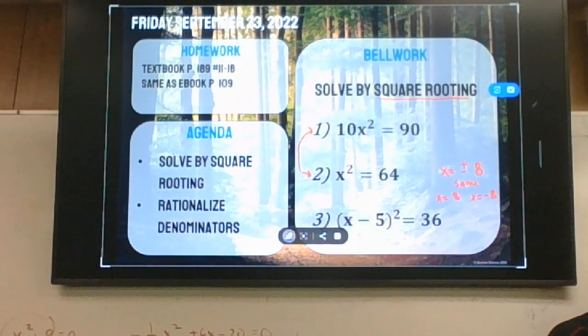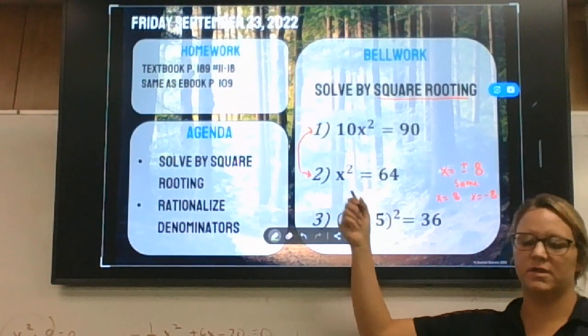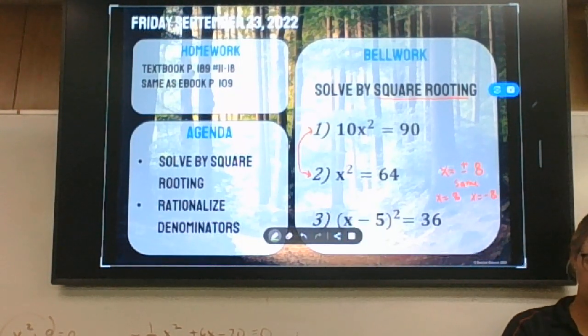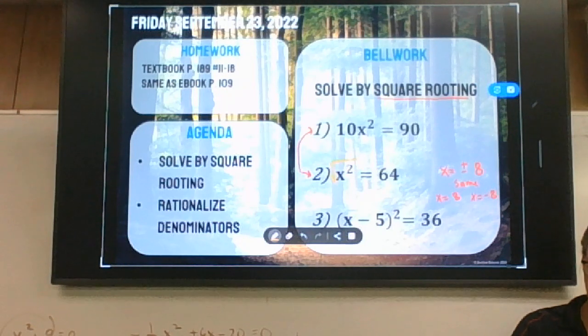like Calvin just figured that out because he knows x squared. Yeah, well, there's 2 answers, right? Yes. So this is the work though that I want you to show. Like, yes, you guys are great with numbers, so you know this is an 8. But I'm going to show that by putting a square root bar. Oh, that's too light. A square root bar here and a square root bar here.